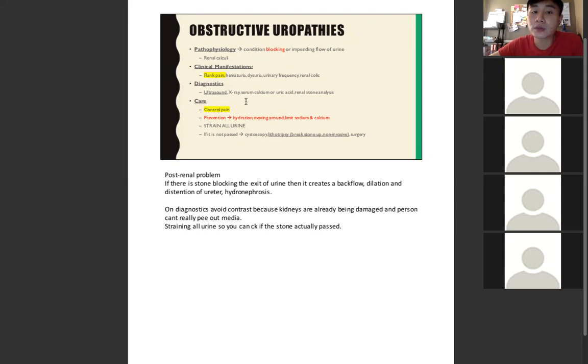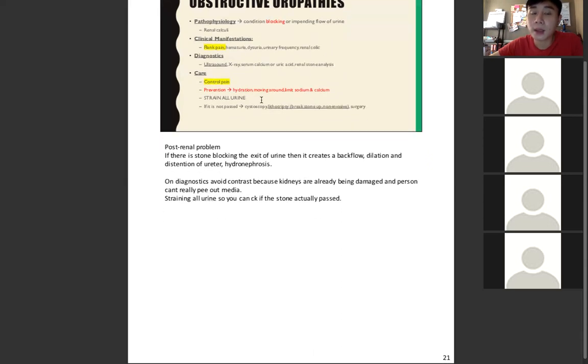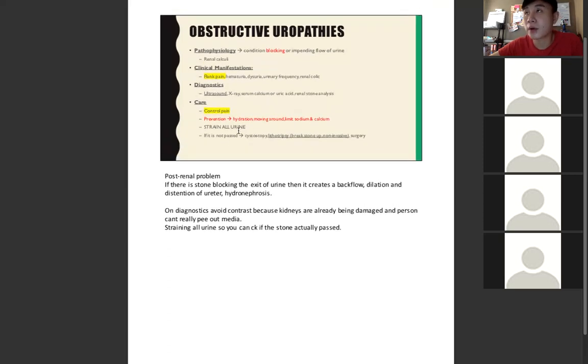Diagnostics include ultrasound, KUB X-ray, serum calcium, uric acid, renal stone analysis. Care: we control pain, prevention, hydration, moving around, limit sodium and calcium. Strain all the urine.